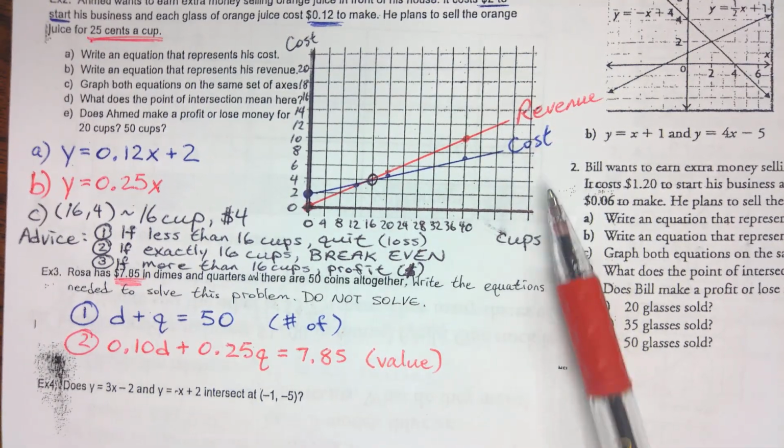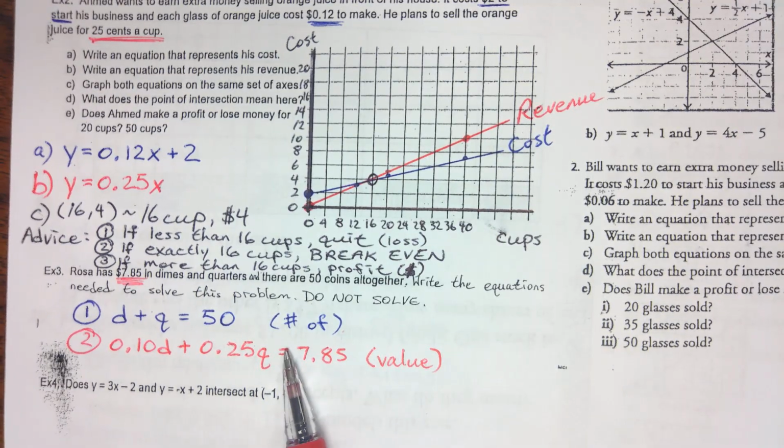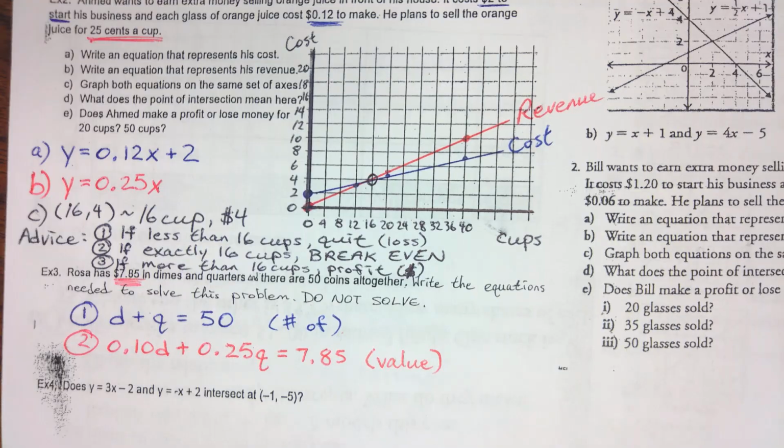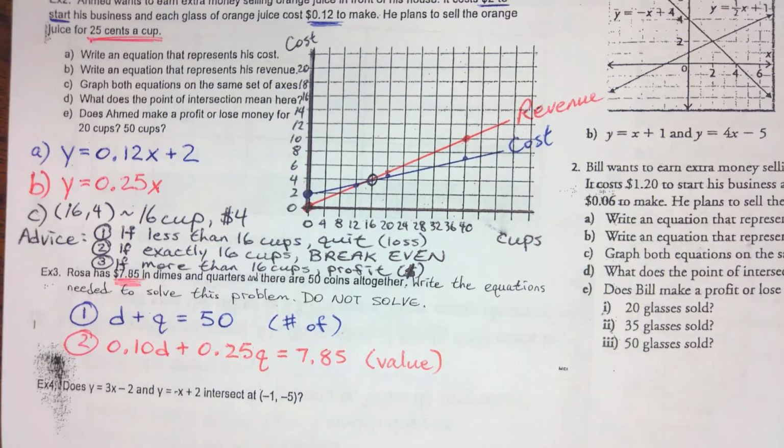So in grade 9, we can solve this, but we'll have to graph it. In grade 10, you will learn the method of substitution and the method of elimination. Have you guys heard of that? Yeah. So in grade 10, you will solve it mathematically. In grade 9, you'll solve it graphically.